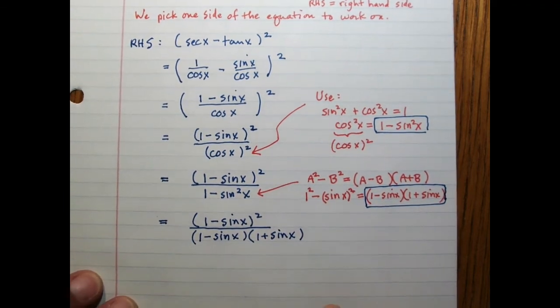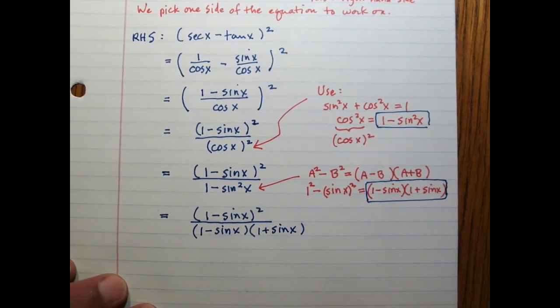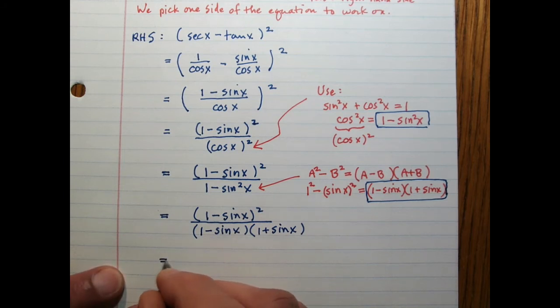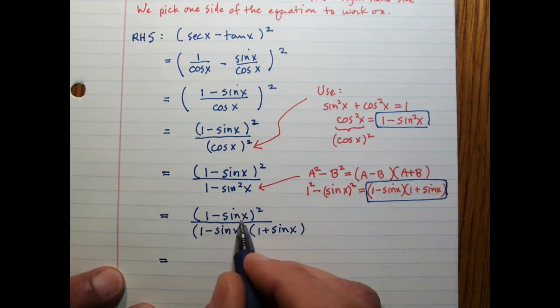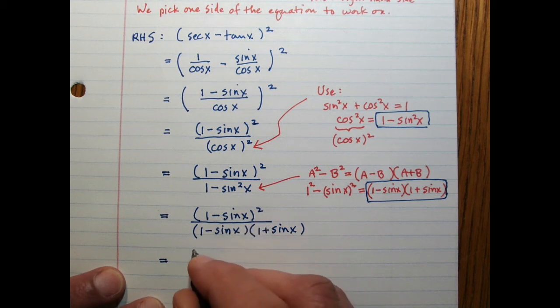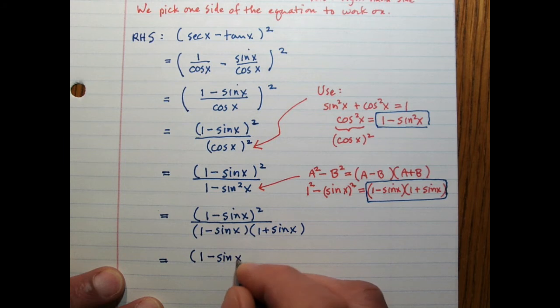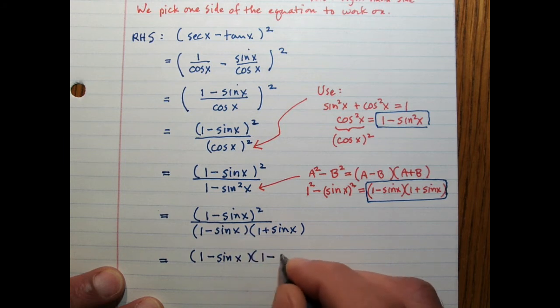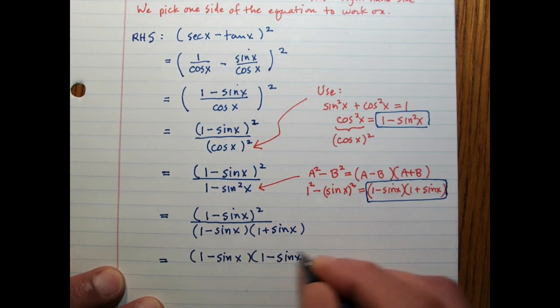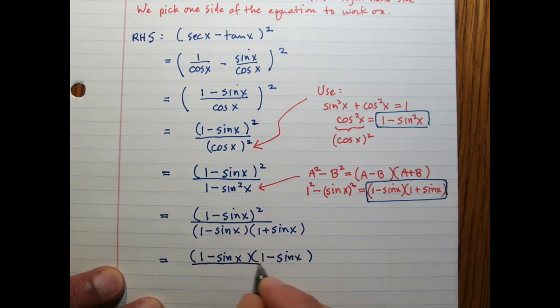Now this is actually a great move to make, because that numerator, because I have an expression in parentheses squared, is just the expression in parentheses times itself: 1 minus sine x times 1 minus sine x.